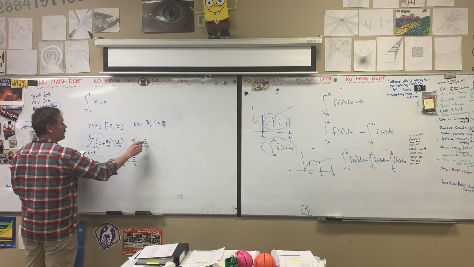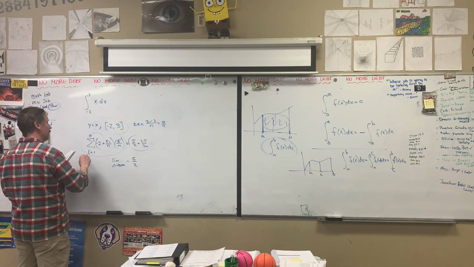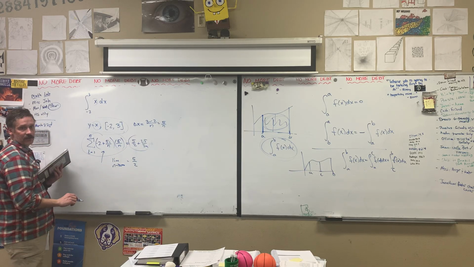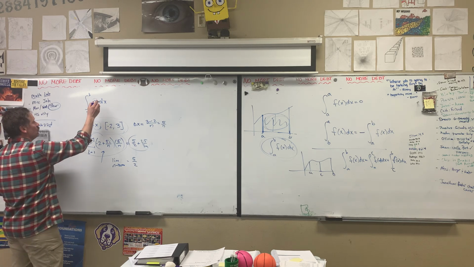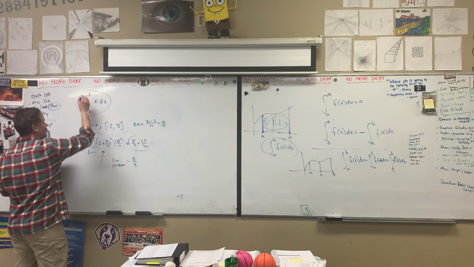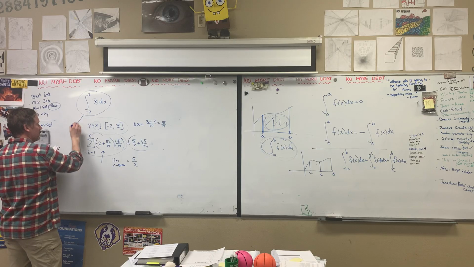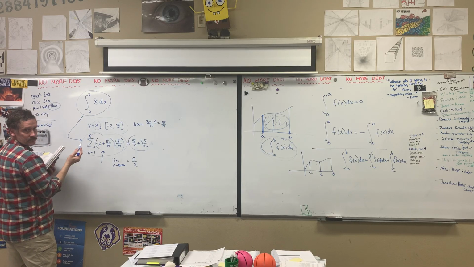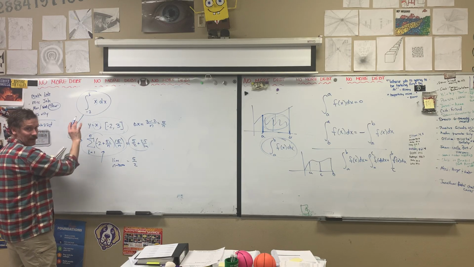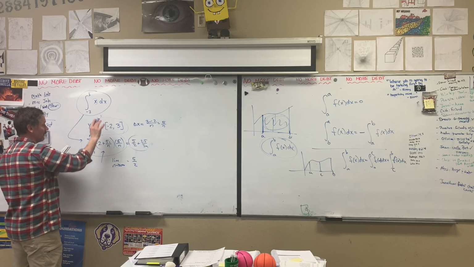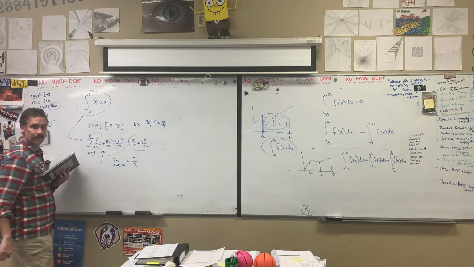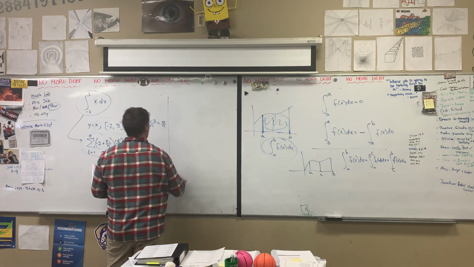So there's the work to get there, but this is the key: they're trying to get you to say this is the same thing as that. But we're going to have a cheater method that helps us go from here to here. We're going to get there.